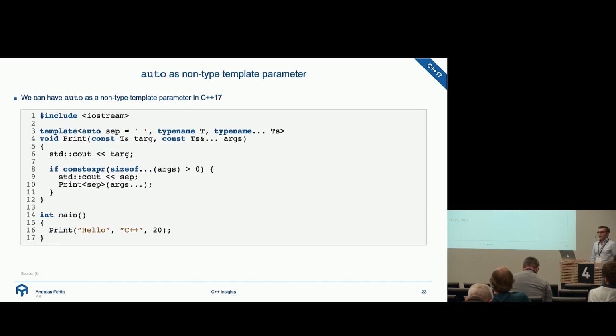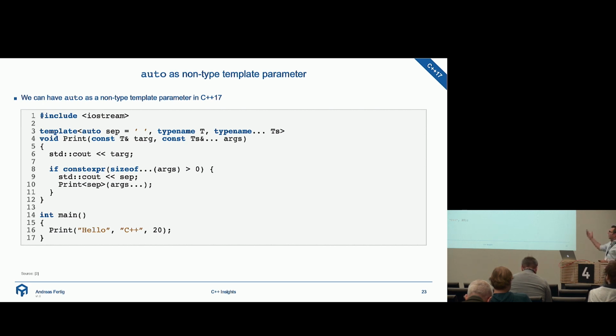So with C++17, we got other nice tools. We can now use auto as a non-type template parameter, which enables me to write code like this. I have this print function, which is a template. I can now say that the first parameter is of type auto, and name it sep for separator, default initialized with the space.